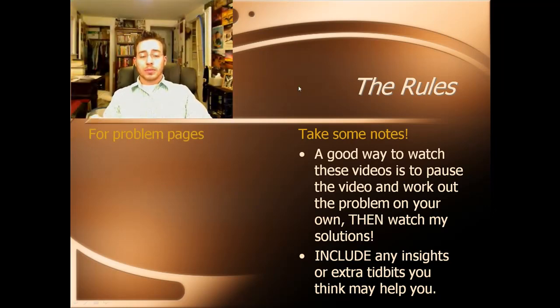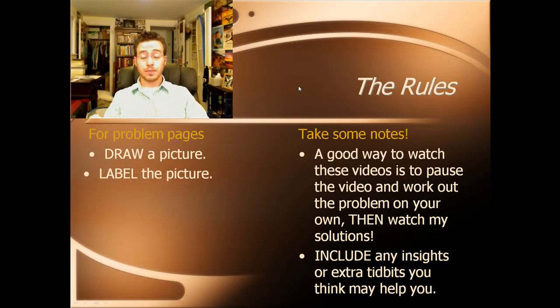When you're working the problems, make sure that you draw a picture. Vectors were invented as a way of graphically describing many of the phenomena in our physical world. If you're not drawing a picture, you're not fully understanding, fully working with all the tools at your disposal. Make sure you label that picture with the quantities that are given to you in the problem.